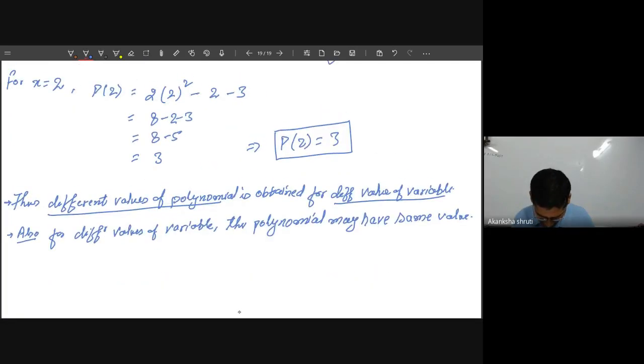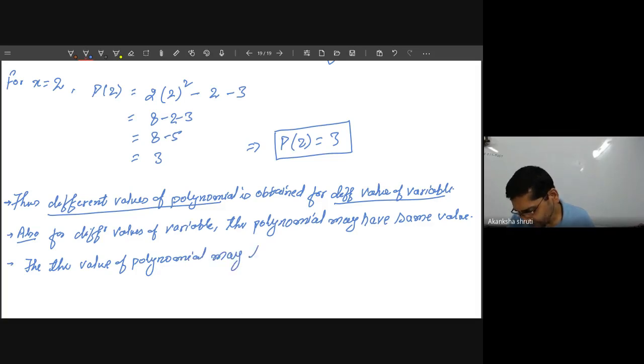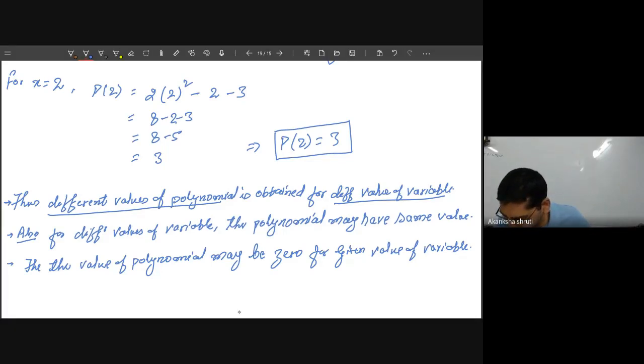So the third important point is that the value of the polynomial may be 0 for a specific value of the variable.